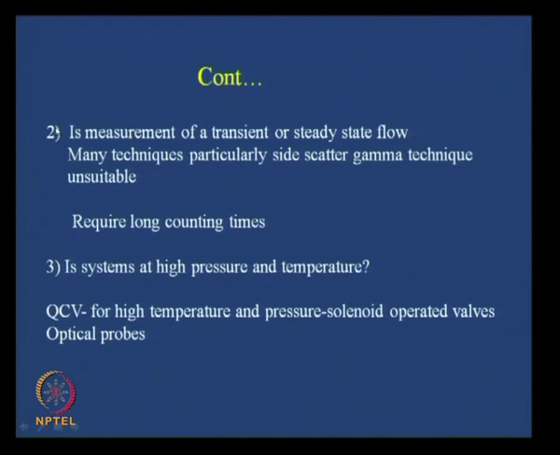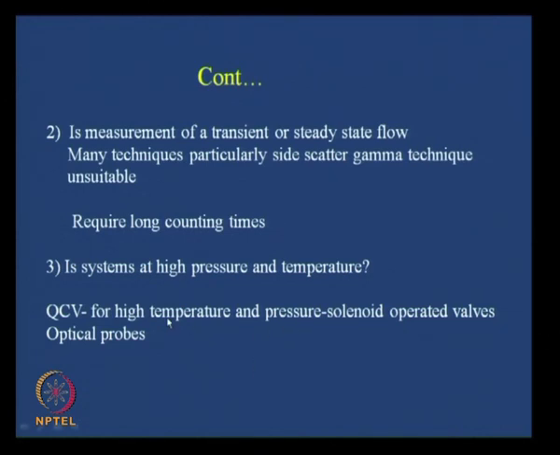Another question is whether the measurement is transient or steady state. I have already told you that techniques like the quick closing valve and side scatter gamma technique are unsuitable for transient measurements since they require a long counting time. Next, very frequently we have to deal with systems at high pressure and high temperature.